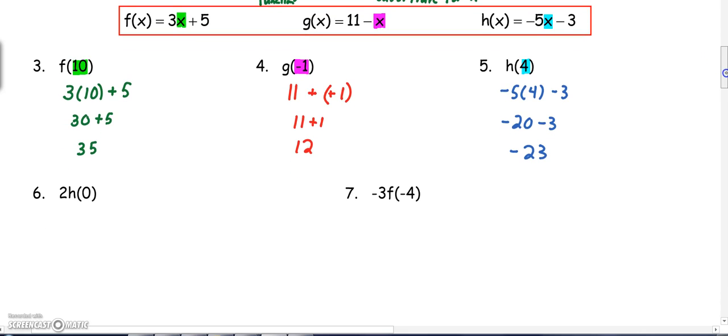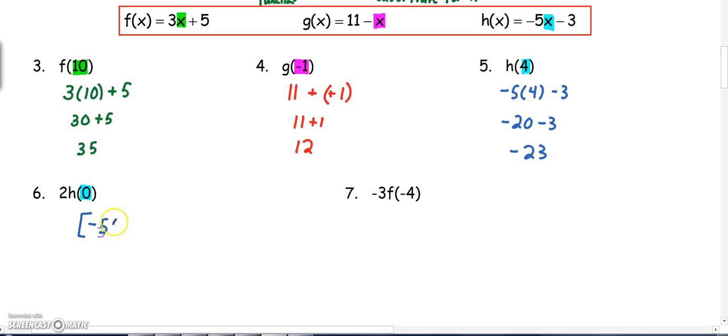Now, in 6 and 7, we have numbers outside of our parentheses. What we're going to do with that is after we look at our function, we're going to multiply by whatever number is out front. So in the first equation, we have 2h of 0. We're going to put 0 in for x in the h equation, but I'm going to put it in brackets.